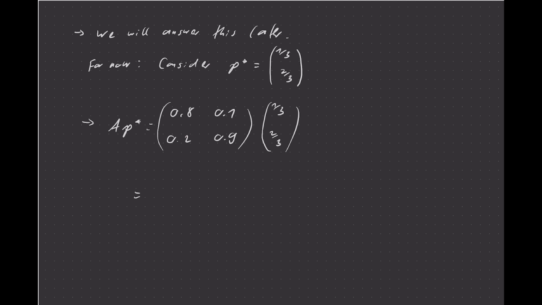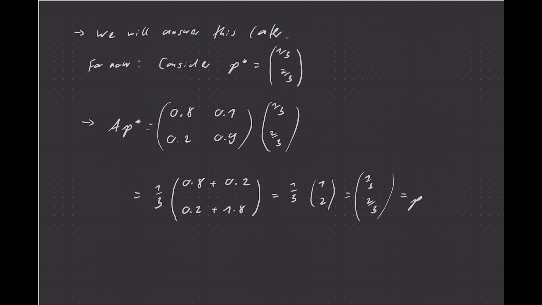So let's just put this 1/3 before the result. And then we get 0.8 plus 0.2. And for the second row, we get 0.2 plus 1.8. So that means what we have here is 1/3 times 1 and 2. Or in other words, 1/3, 2/3. And that's exactly P star.